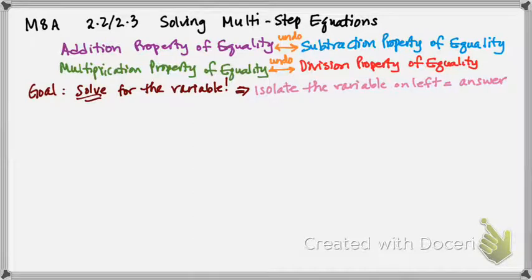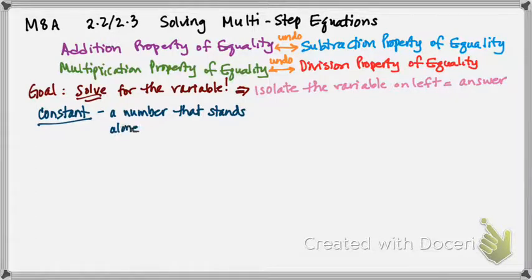Let's add a couple more words to make sure you understand these, because we will be using them, and we've talked about these words before. So we've got a constant, and that is a number that stands alone without a variable.